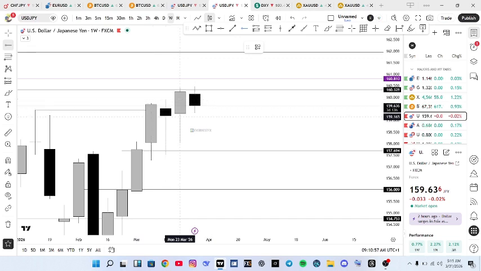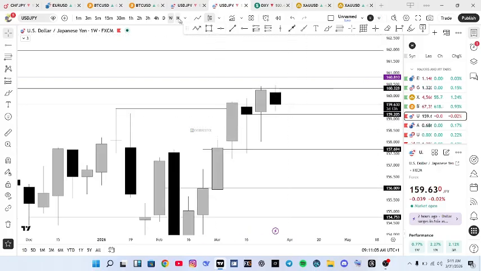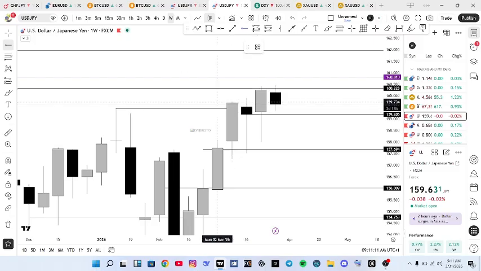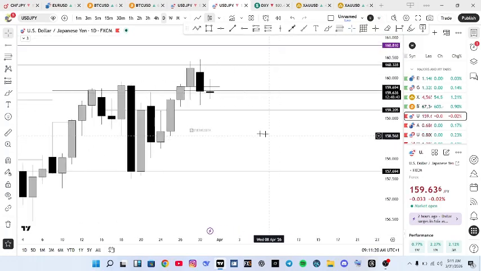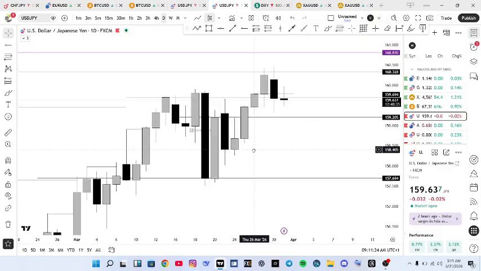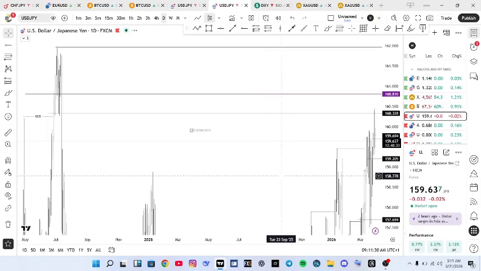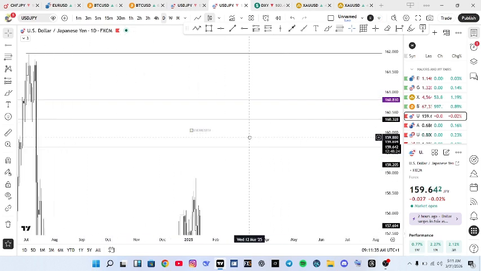This is last week, and this one is this week. You can see GJ is bullish right from down. Where is this retracement coming from? Okay, let's recap.